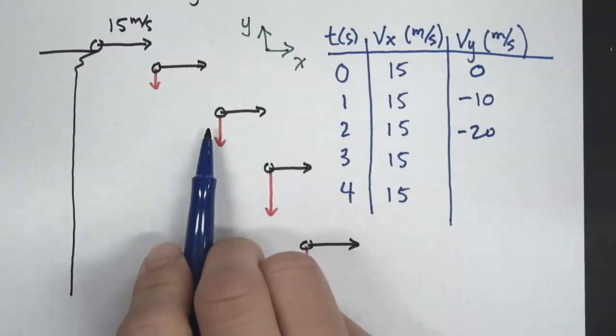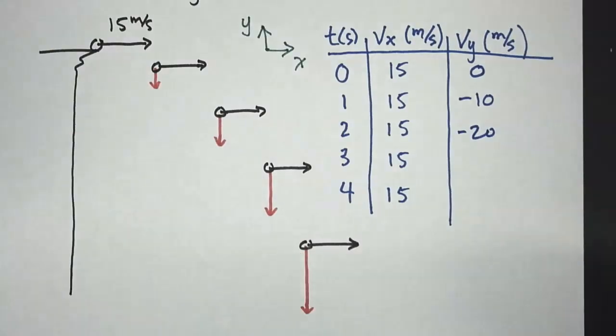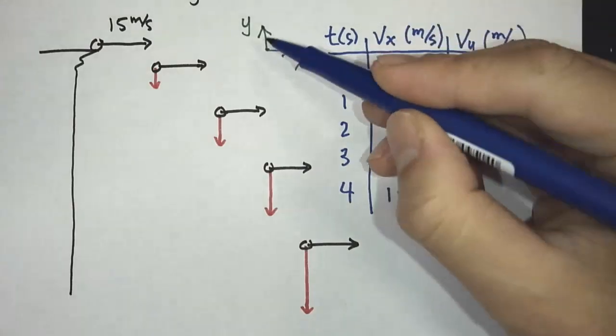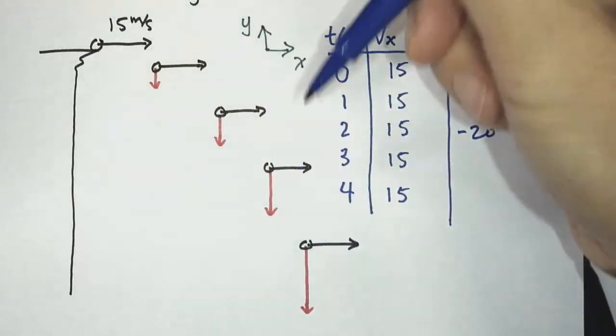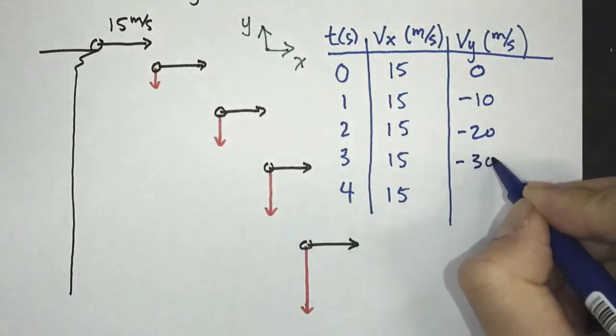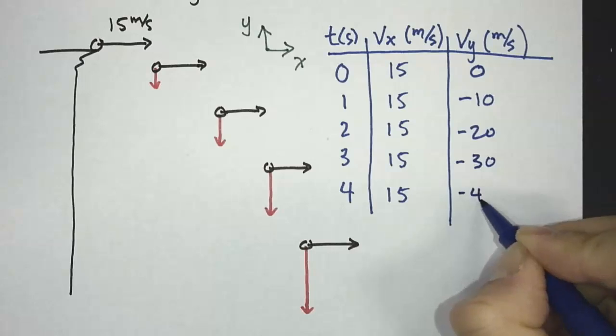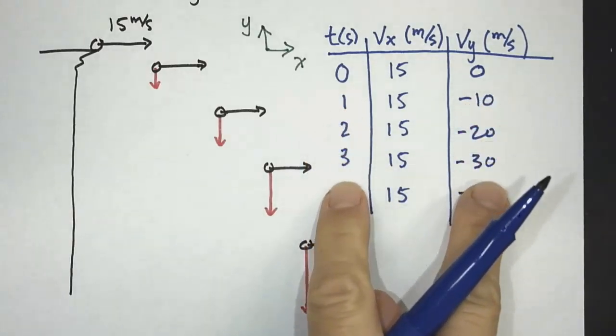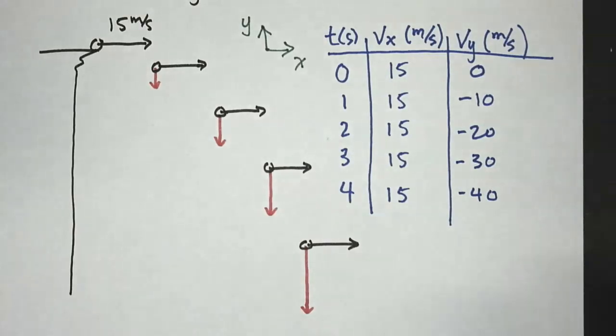Here the velocity is negative. The negative, once again, is telling us the direction: it's in the opposite of the positive direction, which is down. Then at 3 seconds it will be negative 30, and at 4 seconds negative 40. Notice the pattern with the time and the vertical velocity.